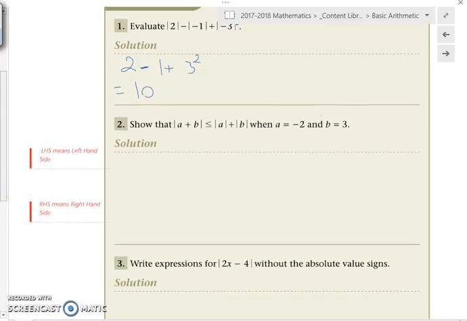Show that the absolute value of a plus b is less than or equal to the absolute value of a plus the absolute value of b, when a equals -2 and b equals 3.